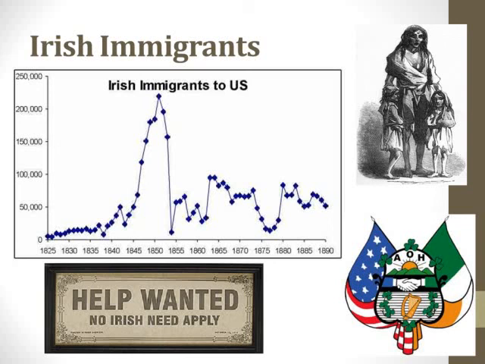Because if the blacks are freed, that'll be job competition. Right. Who liked them coming, though? Factory owners. Oh, cheap labor, cheap labor, cheap labor. Now, some people, though, said, no, I want jobs for Americans. No Irish need apply.